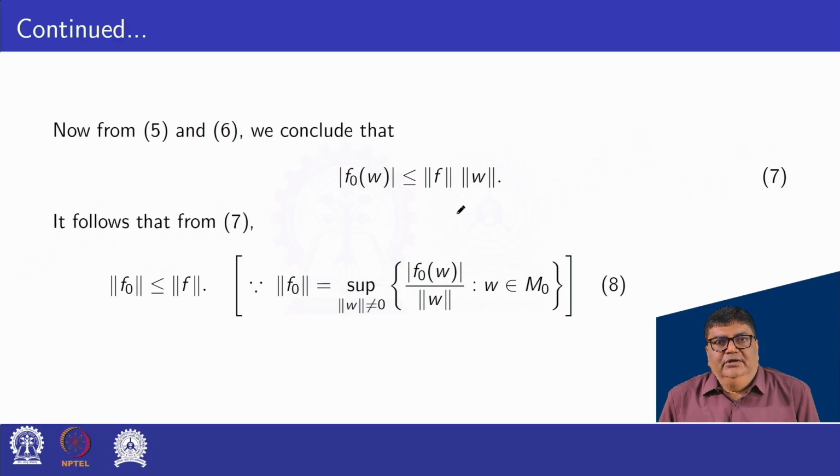Using the definition of bounded linear functional, norm f0 is equal to supremum of mod f0 w upon norm w, where w belonging to M0. So inequality 7 divided by norm w, we get mod f0 w upon norm w, that is norm f0 as per this definition, and right side norm f.